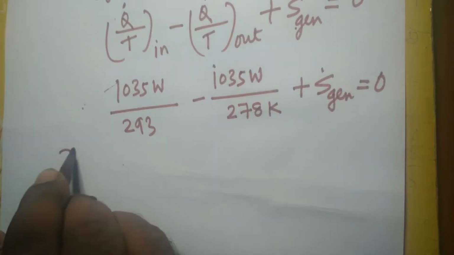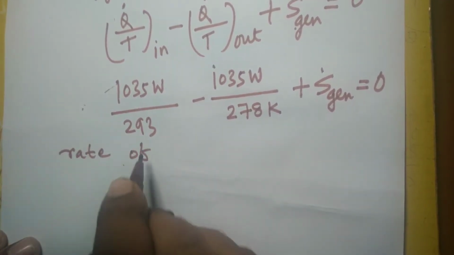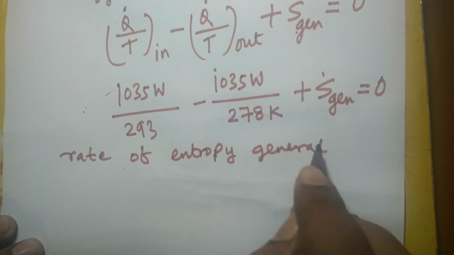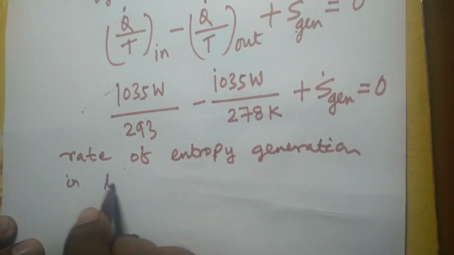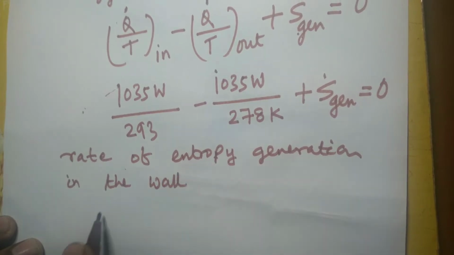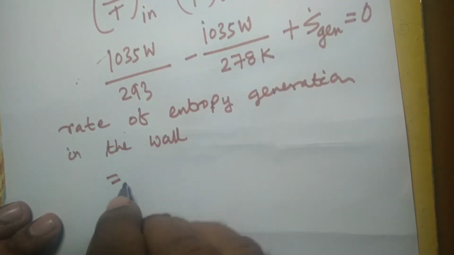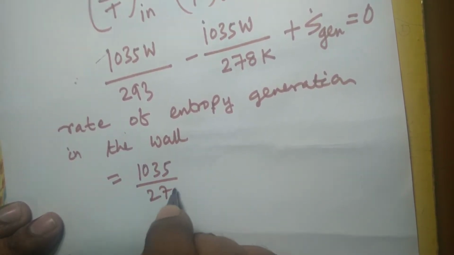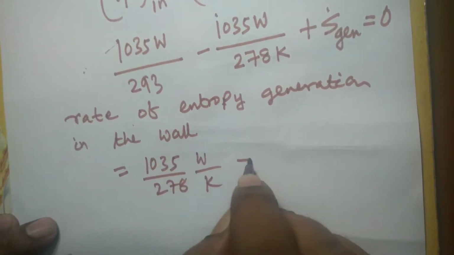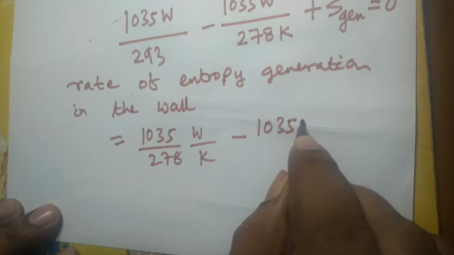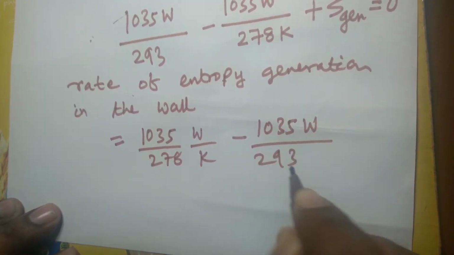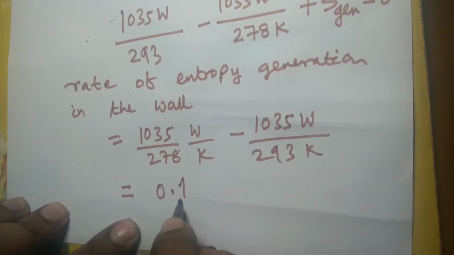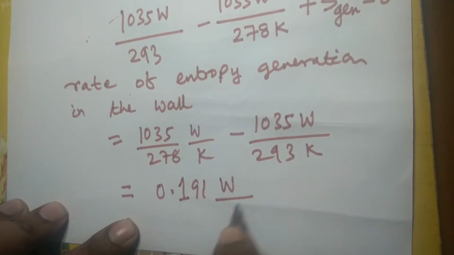So the rate of entropy generation in the wall, from this equation, will be 1035 divided by 278 minus 1035 divided by 293, which is equal to 0.191 watt per Kelvin.